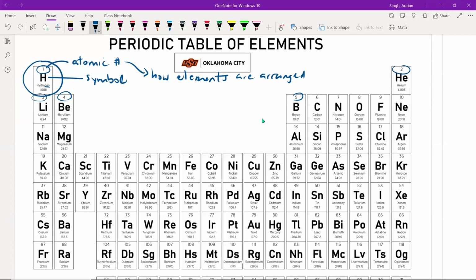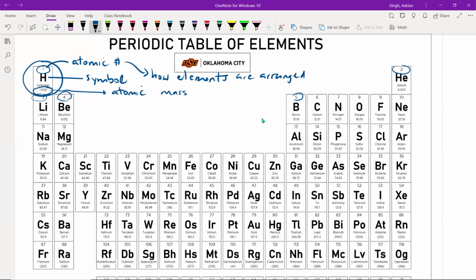Remember also the number underneath, usually a decimal: that is the atomic mass. Generally, we're going to see the atomic masses increasing in the same pattern as the atomic number. However, there are going to be some discrepancies, which harkens back to some of the earlier attempts at arranging the periodic table.